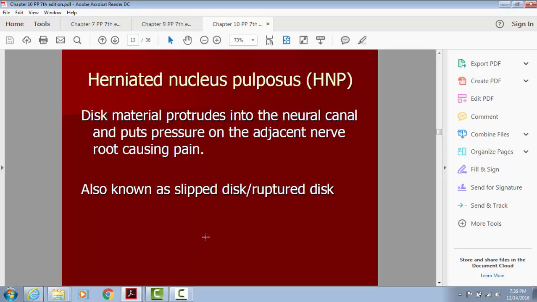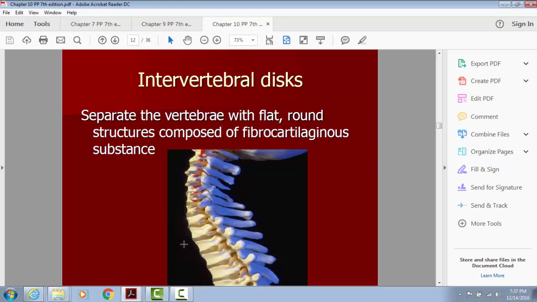One problem that is seen when that fibrocartilaginous substance does not remain where it needs to be is a condition called herniated nucleus pulposus, abbreviated HNP. This is when disc material protrudes into the neural canal and puts pressure on the adjacent nerve root, causing pain. So if we go back to this, this is the fibrocartilaginous substance here.